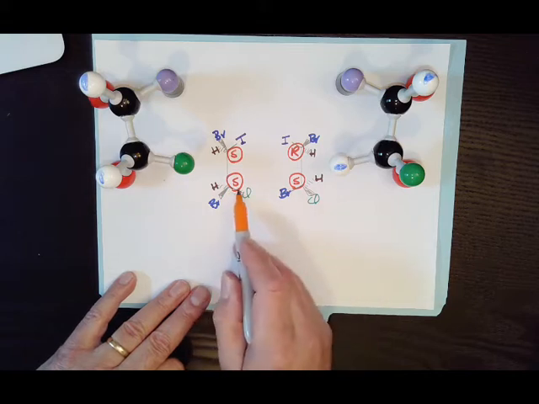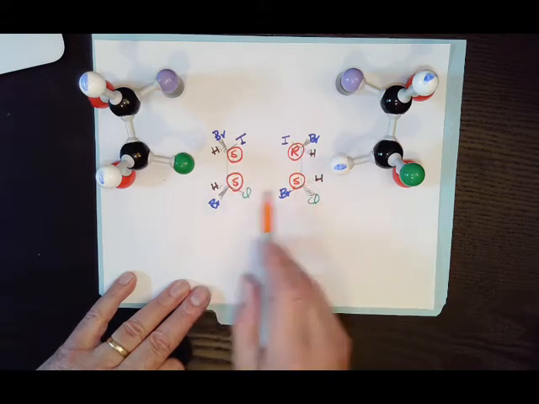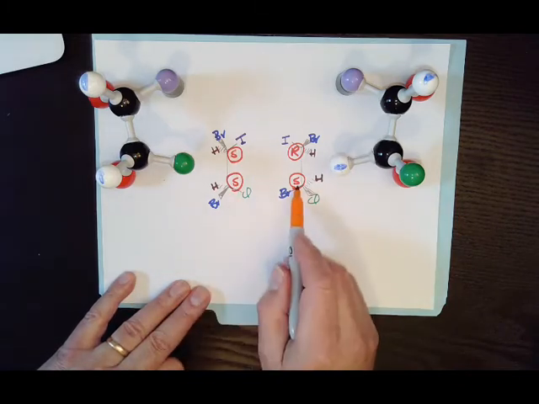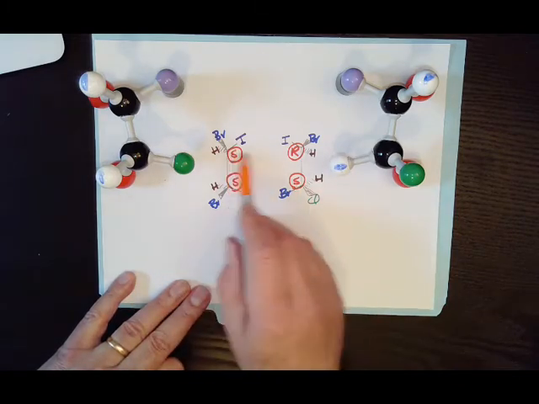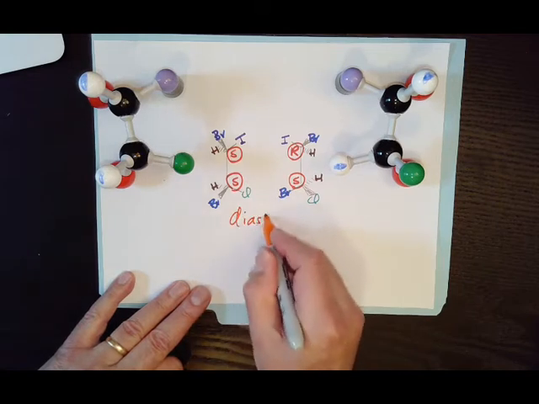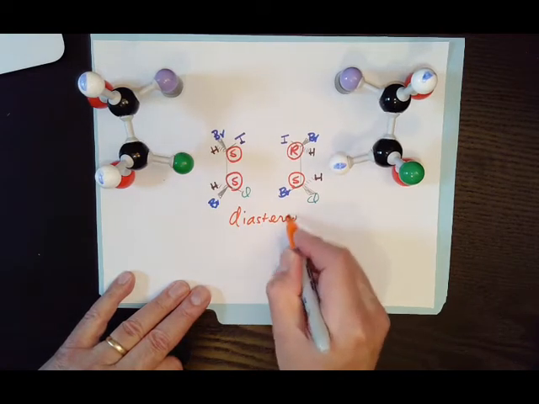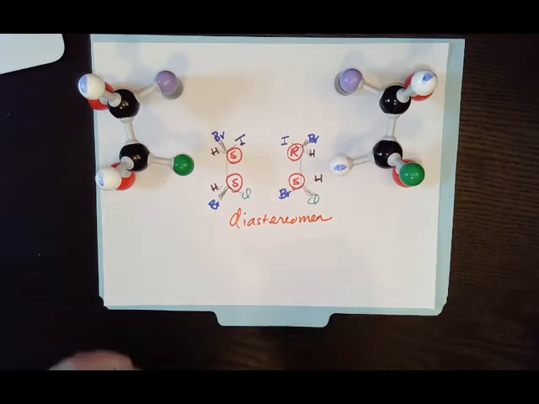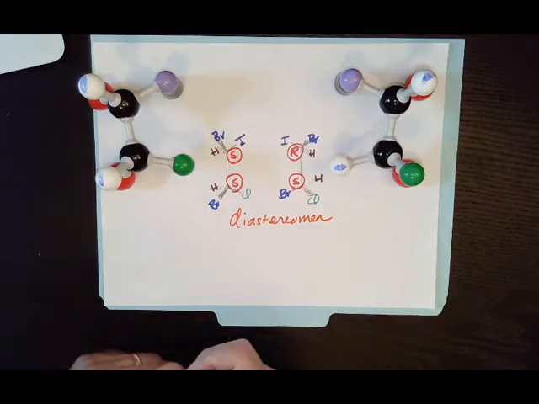So if you have two centers and one of them is the same, the other one is different, we call these diastereomers. Diastereomers. I hope I spelled it right. So diastereomers are very different compounds.